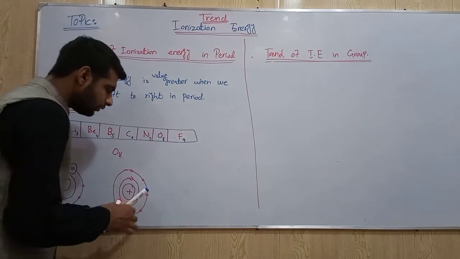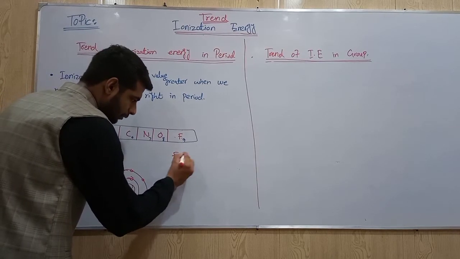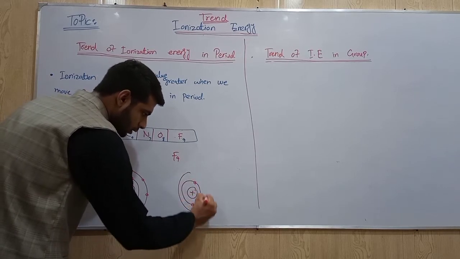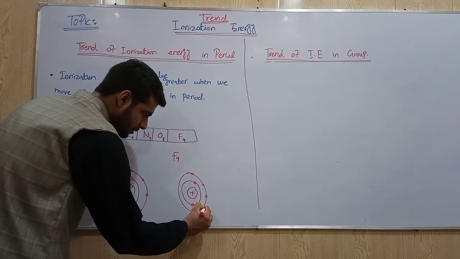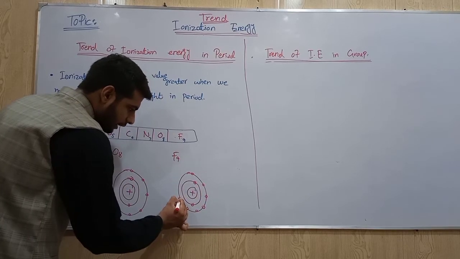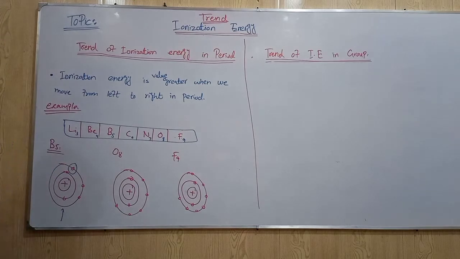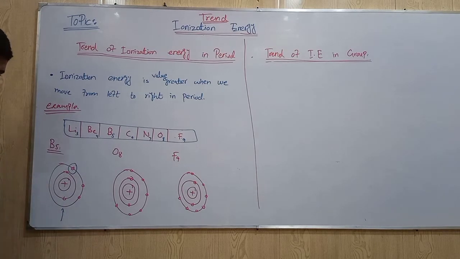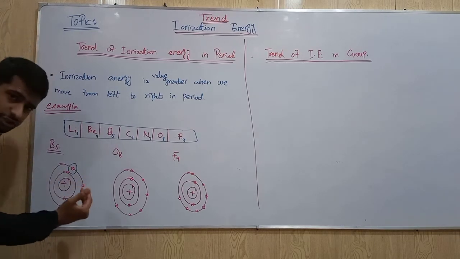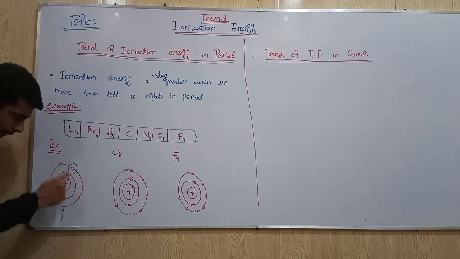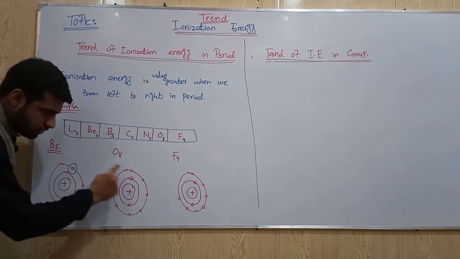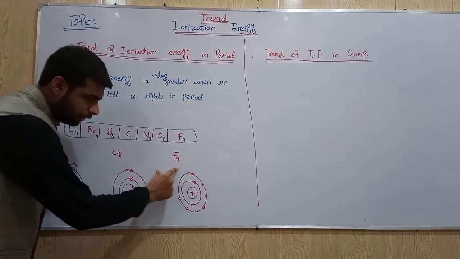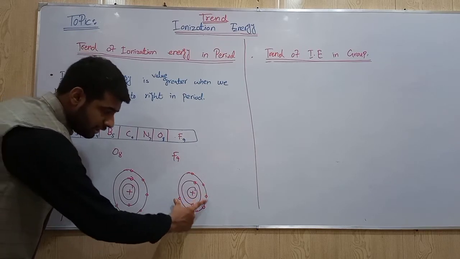And then I will discuss the fluorine atom and its atomic structure. The first shell has 2 electrons and the second shell has 7 electrons. 7 plus 2 is equal to 9, the fluorine atomic number. Now we see that boron has 3 electrons in the second shell, oxygen has 6 electrons in the second shell, and similarly, fluorine has 7 electrons in the second shell.